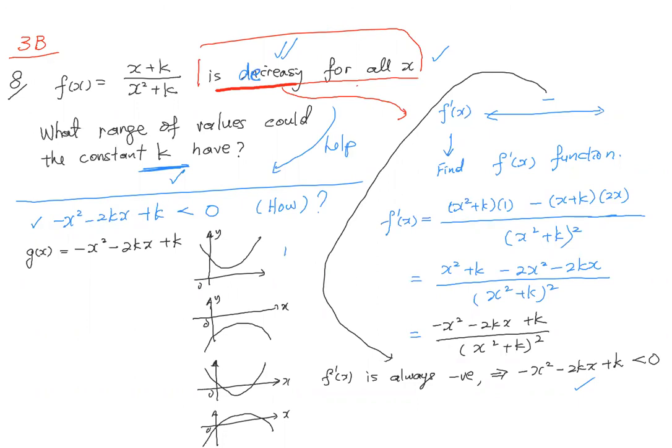I give you 1, 2, 3, 4. For our case here, which one is it? 1, 2, 3, 4. Which is the one?